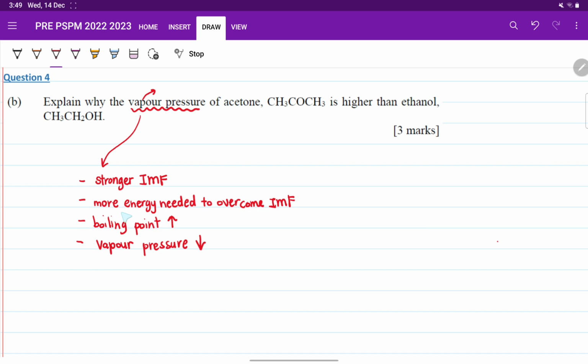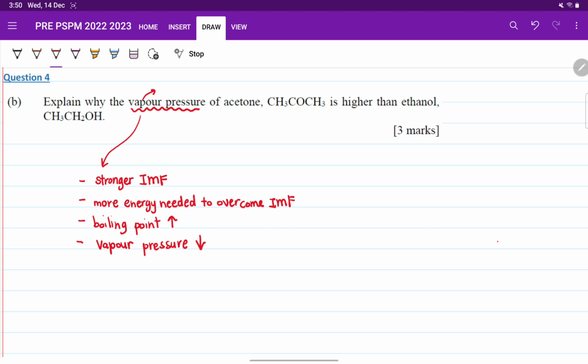Okay, so more energy will be needed to overcome the intermolecular forces between the molecule sebab tarikan dia tadi kuat, so boiling point akan jadi tinggi dan bila tarikan antara molekul tadi adalah kuat, okay, jadi daripada liquid yang akan terhasil gas yang akan terhasil adalah lagi kurang, so the vapor pressure will be lower. Okay, jadi indirectly senang cerita, kita akan tengok when you have a stronger intermolecular forces, you will have a lower vapor pressure and it will be vice versa.